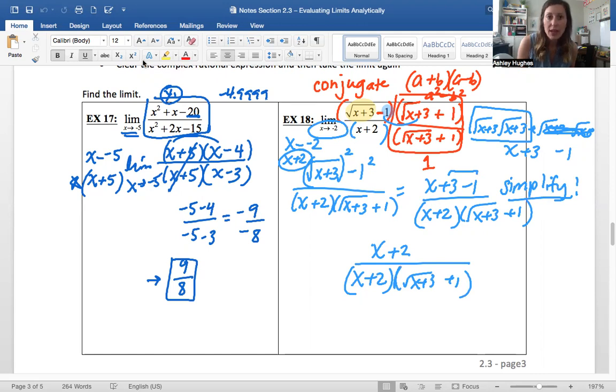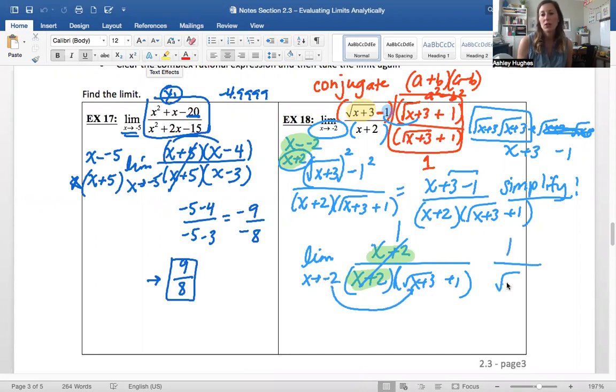If I'm going too fast, the good thing about video is you can always pause it and watch it again. So this x plus 2, remember, this tells you you're trying to get rid of x plus 2. X plus 2, x plus 2, what's going to happen? You can simplify it. Divides out to be 1. And we're taking the limit as x goes to -2. So now plug in -2.